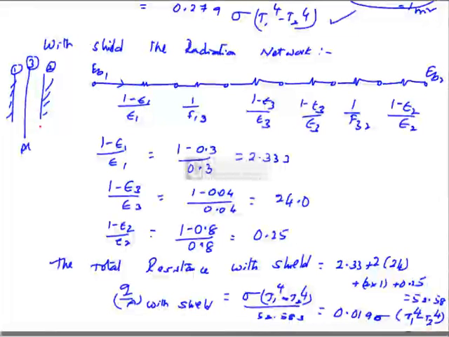Here we could note that whenever we are keeping a shield, always keep the shield having preferably a low value of emissivity. Then that will give more surface resistances offered by the shield. Please note that the shield is offering 2 surface resistances. When we are keeping a shield having low emissivity or high reflectivity, that is the reason why in this problem we have kept a highly polished aluminum shield having more reflectivity or very low emissivity.